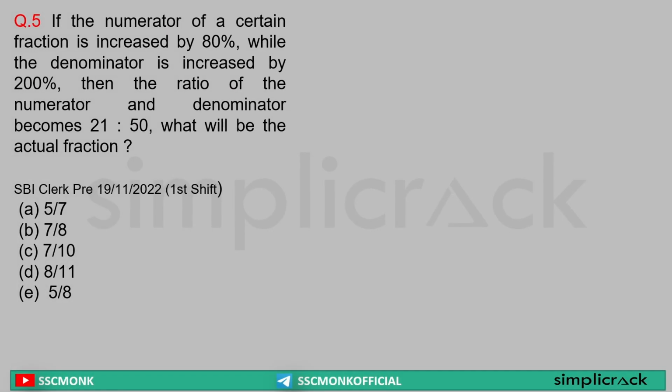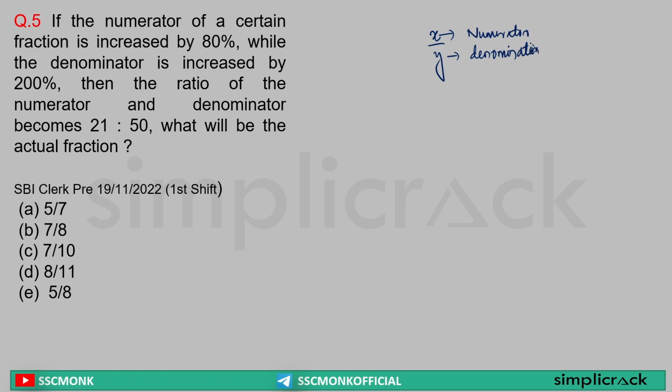If the numerator of a certain fraction is increased by 80%, while the denominator is increased by 200%. Now understand this. If a fraction is written as x by y, x will be known as the numerator and y will be known as the denominator.